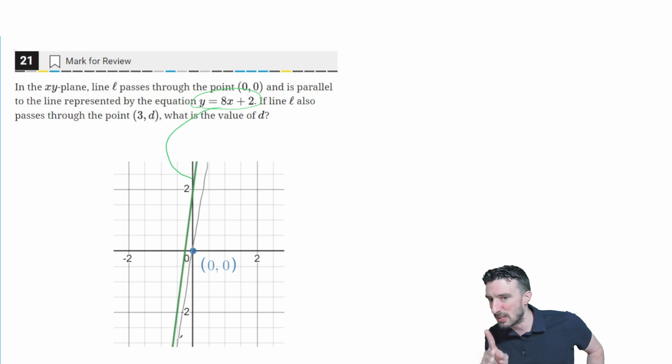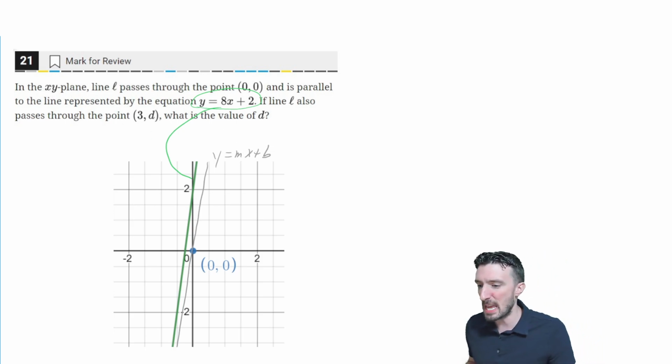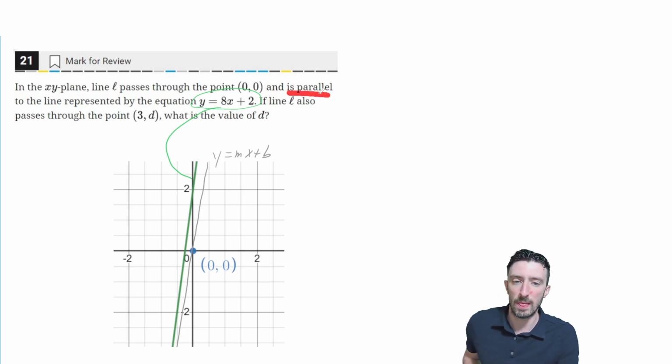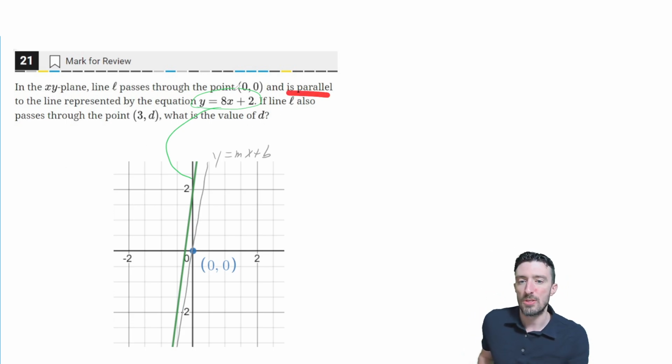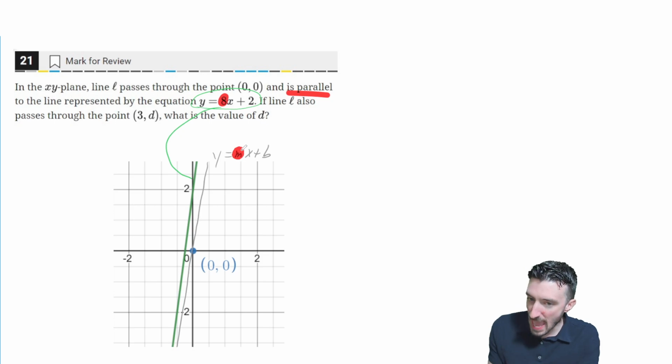Now, if I want the equation for that line, it should also be in y equals mx plus b form. And the thing I have to know is that when lines are parallel, they share the same slope. The slope is the number in front of the x, the m. So that means the slope of the other line has to be 8.